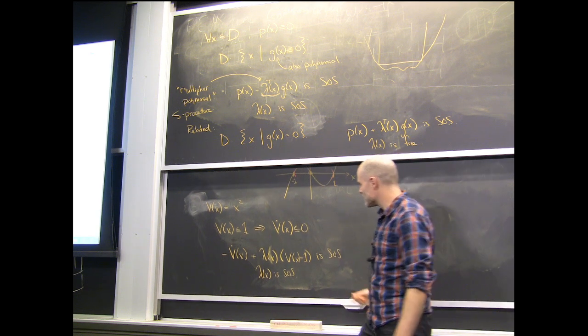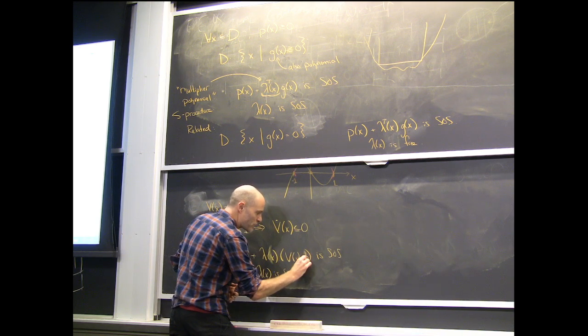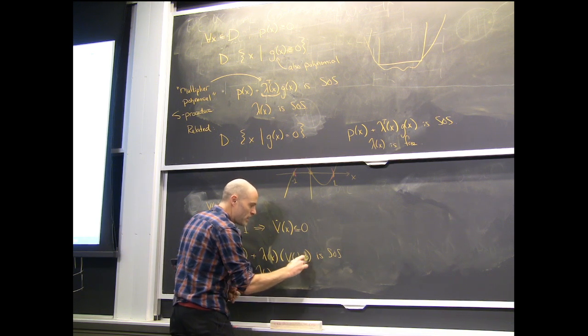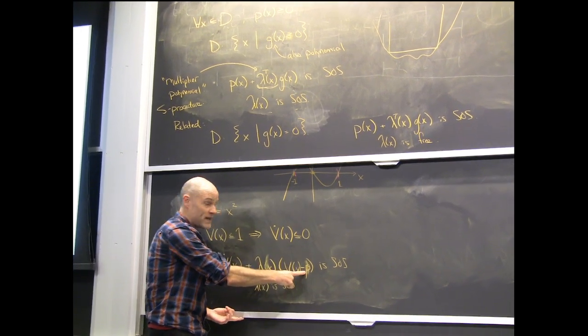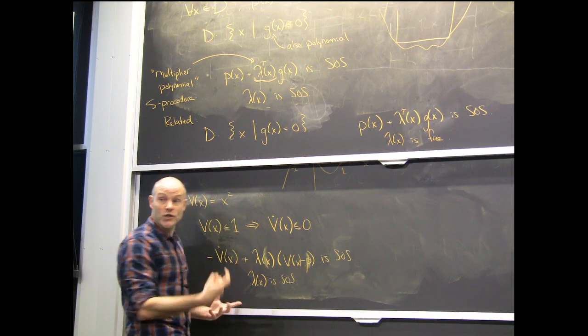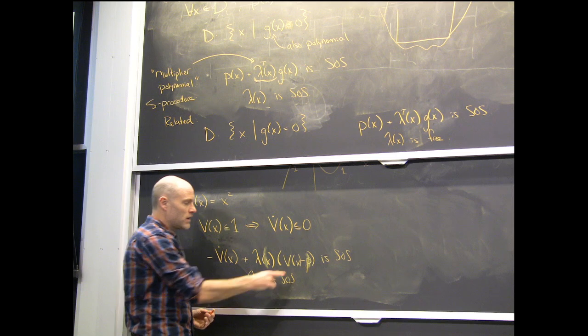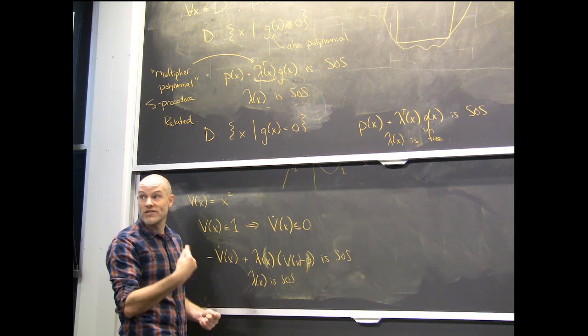Let me get there in two steps. If I put a rho here, and right now I set rho equal to 1 as a constant, and I solve the problem, and it said pass. If I wanted to search for the region of attraction, one of the things I could do is just solve this many times. Rho is a scalar.